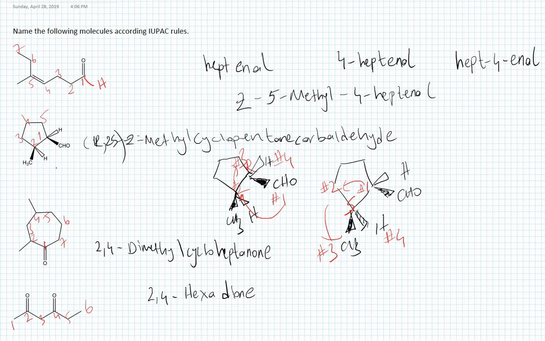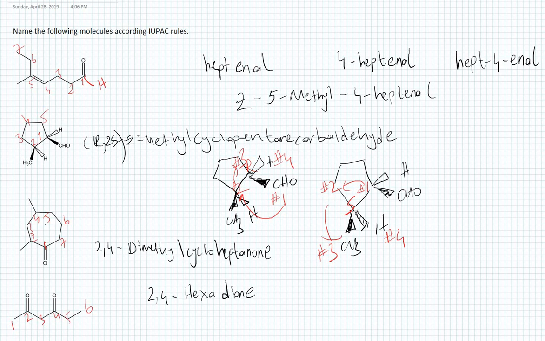And the second one was an aldehyde. The aldehyde was next to the ring, so for that reason we say cycloalkane carbaldehyde, and we included the configuration of the first and second carbon, and also the position of this substituent.